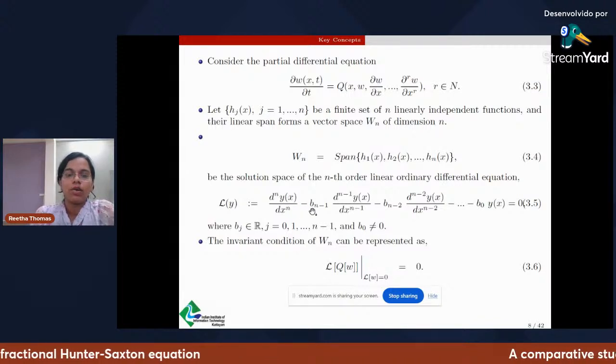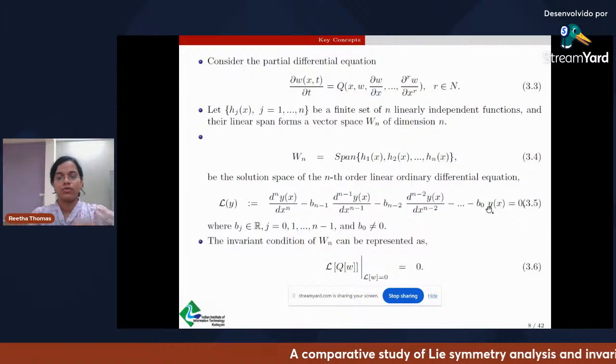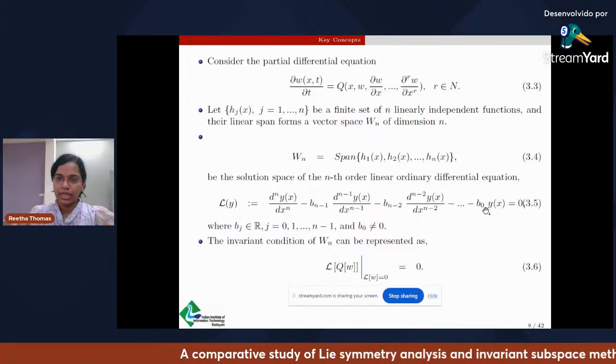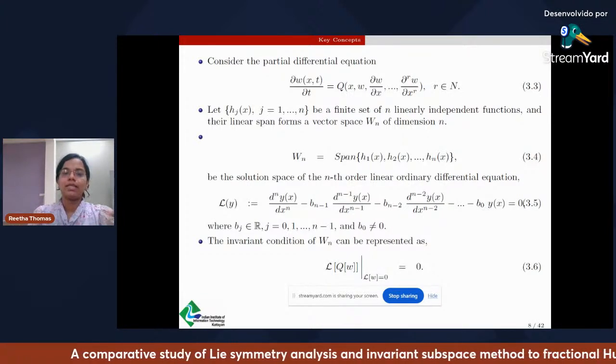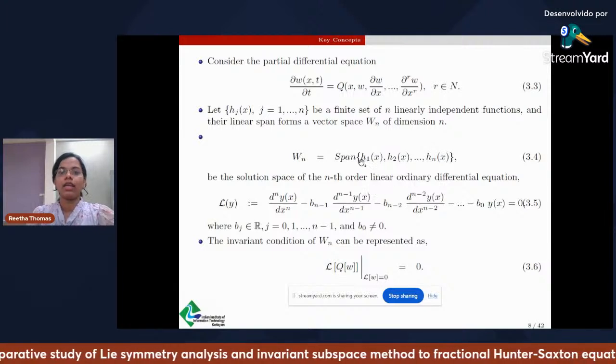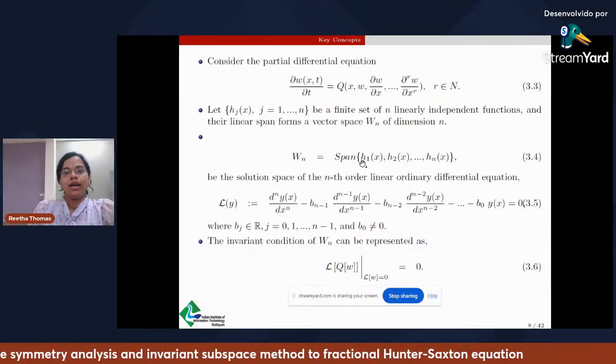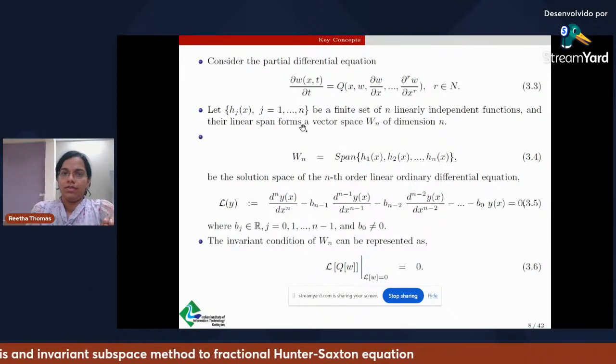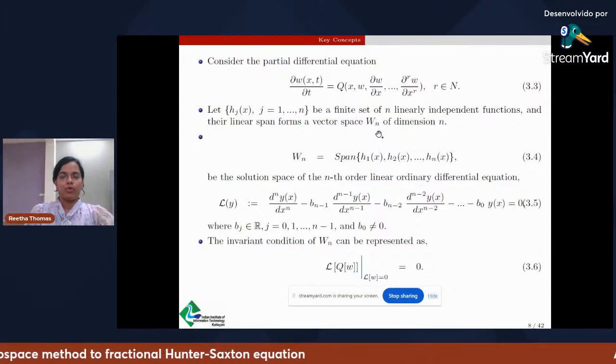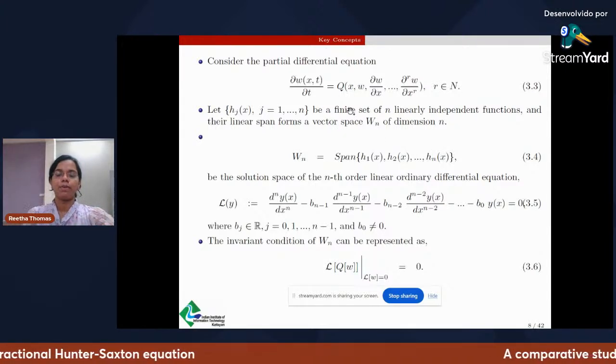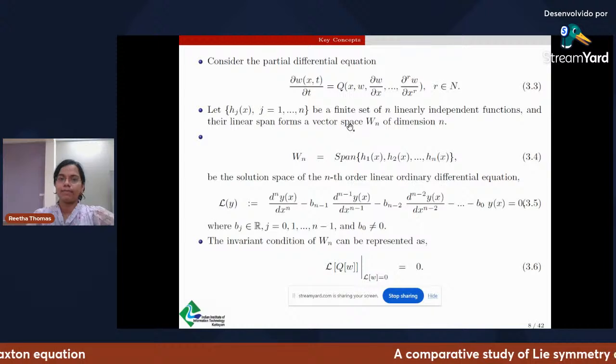Solving this, we can obtain the constants Bn minus 1, Bn minus 2, ..., B0. Substitute in 3.5. By solving that linear ODE, we can obtain the invariant subspace Wn. That is, for this operator, we first obtain the invariant subspace.